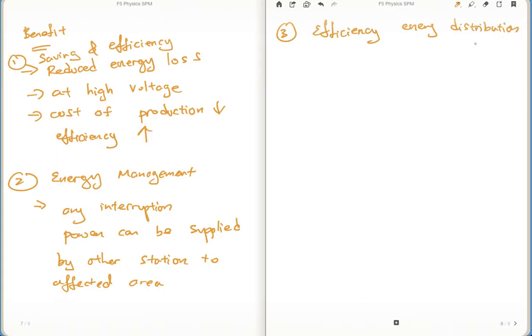It means the generation and distribution of electricity can be controlled according to requirement.